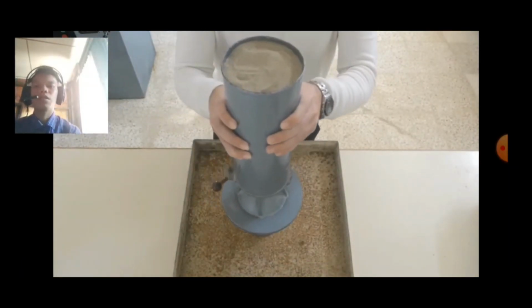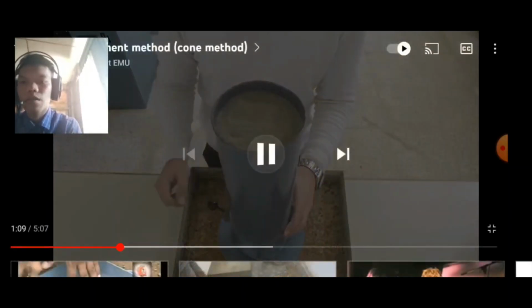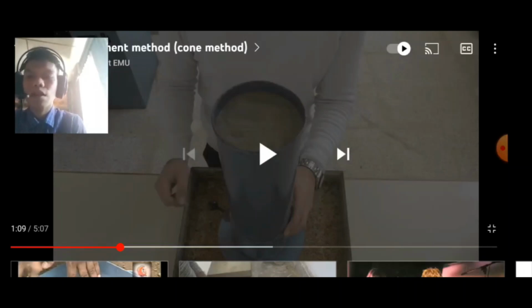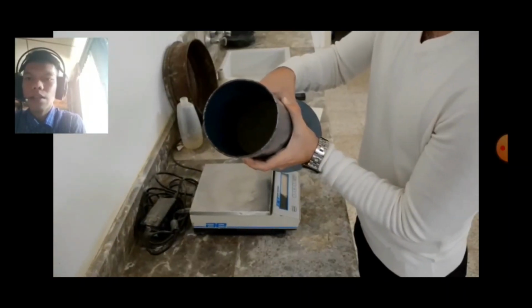Okay, put the sand cone with the apparatus. After we fill the apparatus with sand, we put it on the mold and release the handle to let the sand flow down. When the flow stops, lock the opening.